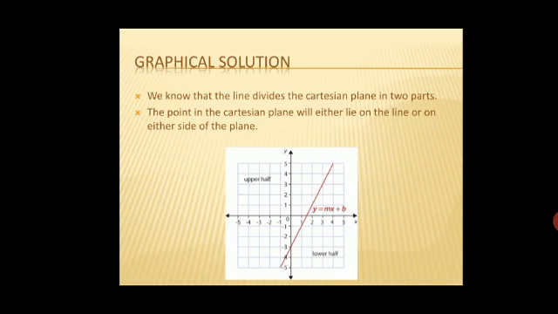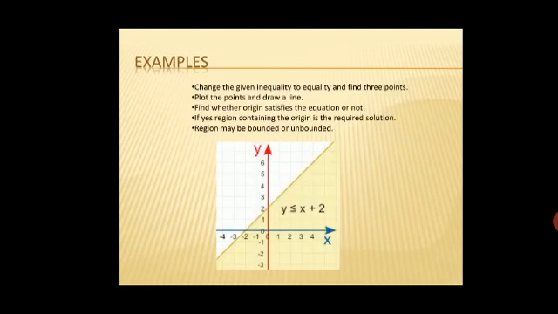Now from this point we will come to the graphical solution, and you know very well that if I draw a line, it divides the Cartesian plane into two parts. A point in the Cartesian plane will either lie on the line or on either side of the line. Now let us see an example.